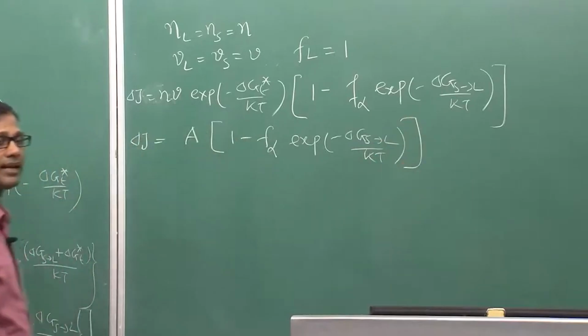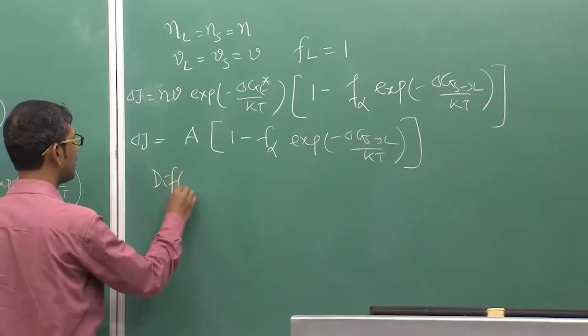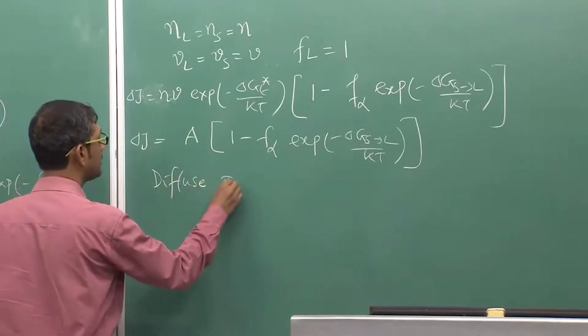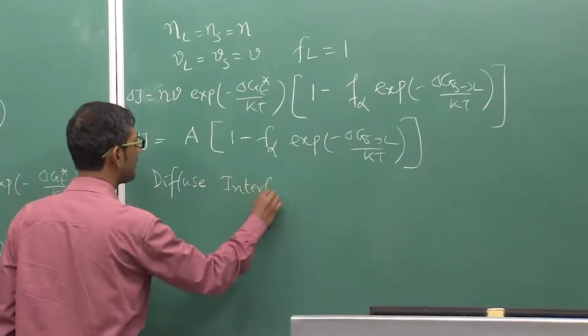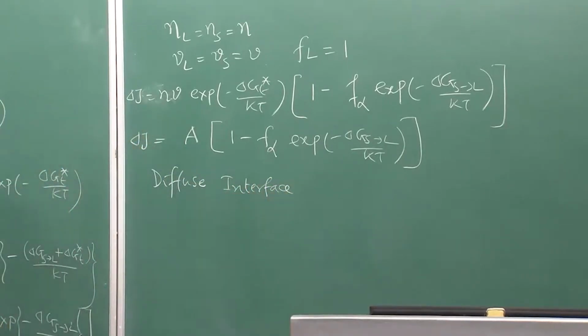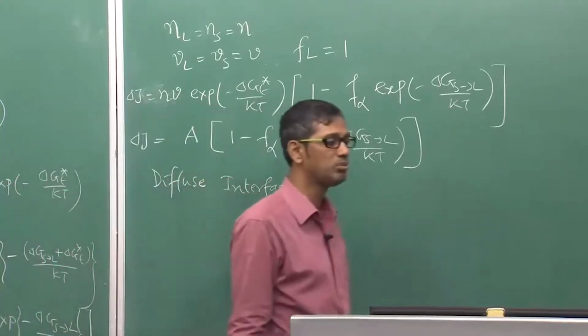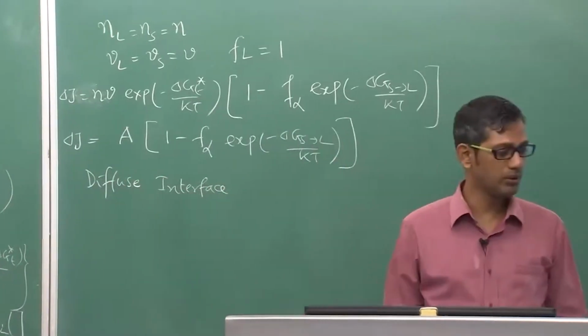Now let us apply this equation for different types of interfaces. The first interface we will consider is a diffuse interface, the one I told you about. In the case of a diffuse interface, you have a large number of sites available for the atoms to go and sit. So in those cases we can always assume F alpha to be equal to 1.